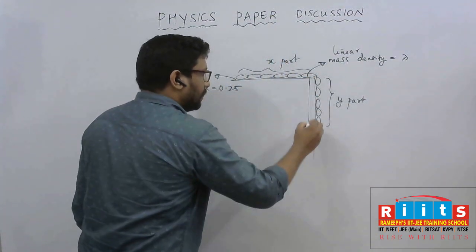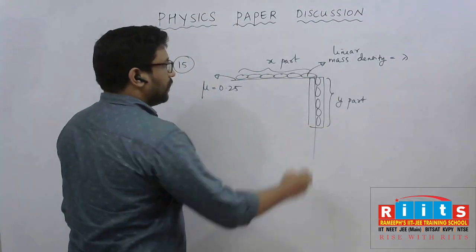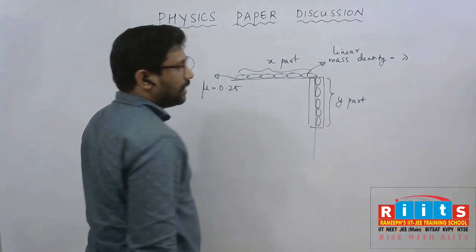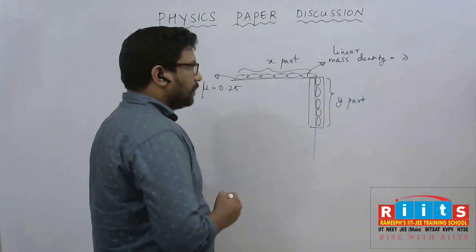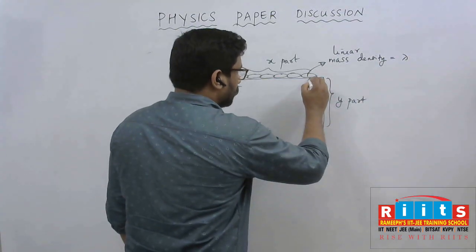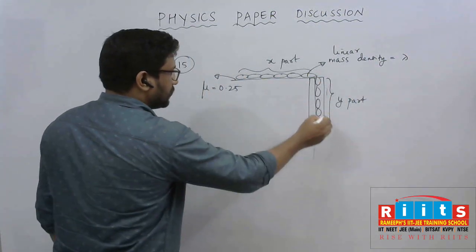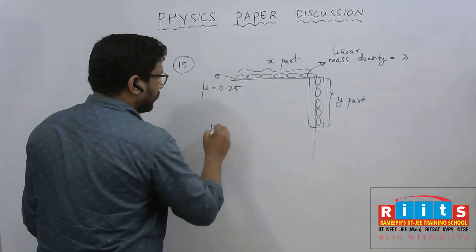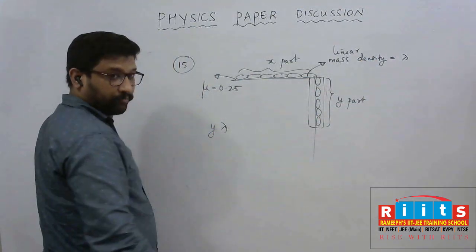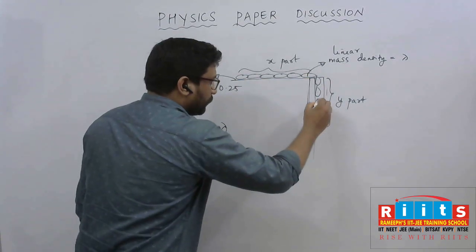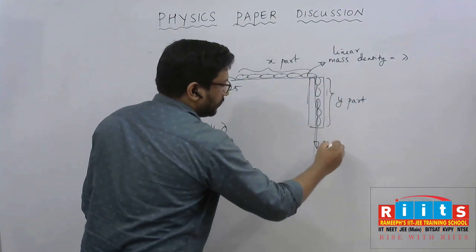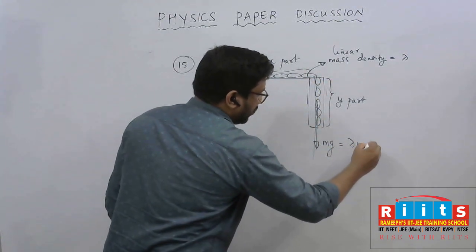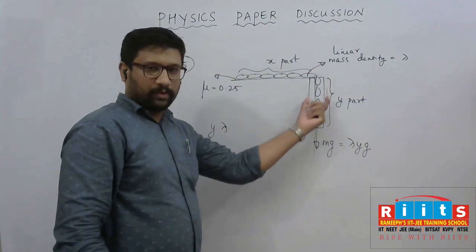So what is the mass of the hanging part? Since Y part is hanging here, the mass is Y times lambda. The force acting is nothing but m into g, that is lambda times Y into g. So this is the dragging force.